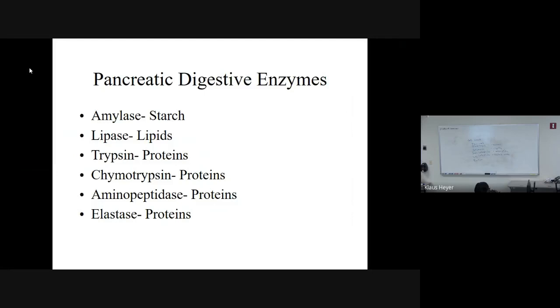Proteins make you feel the most satiated. Lipids make you feel the least satiated, the least full. That's just FYI. But your body spends a lot of energy and effort breaking down proteins. So to this list, you should add pepsin.